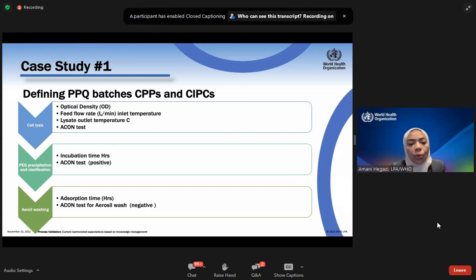After separation, there is the cell lysis step, where we verify optical density, feed flow rate, temperature. Contact time is very important. So one of the most important CPPs is the inlet temperature, the outlet temperature, and the antigen test using the Akon test.